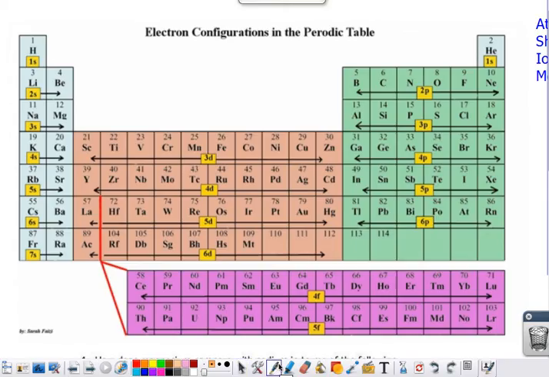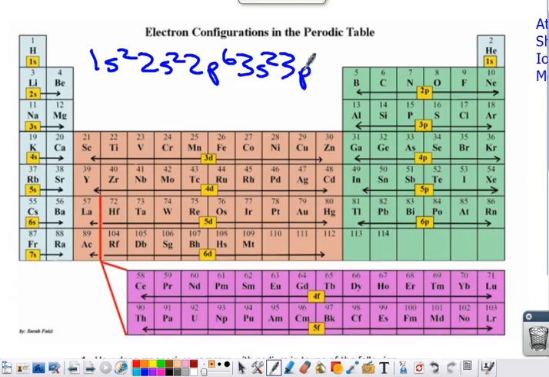If you had to do the noble gas configuration for calcium, instead of having to write the whole thing out, let's just start that over. 1s2, 2s2, 2p6, 3s2, 3p6, 4s2. There we go. That's calcium.